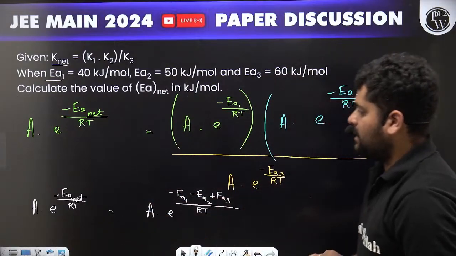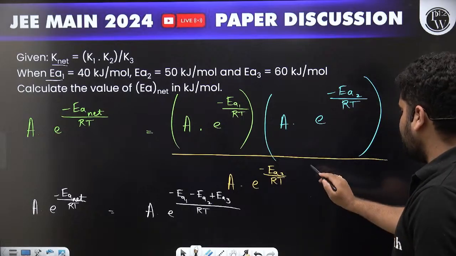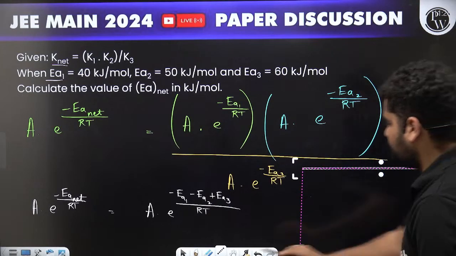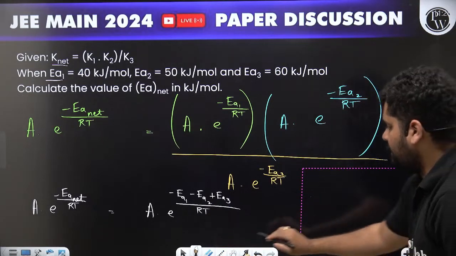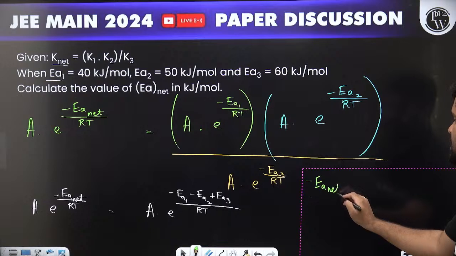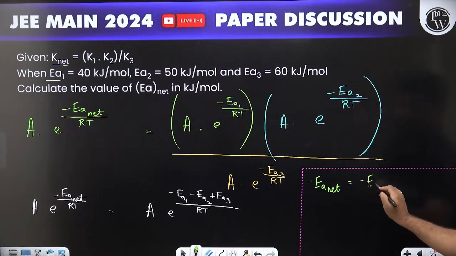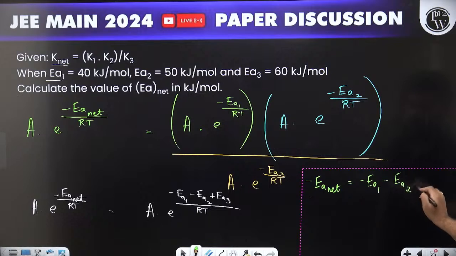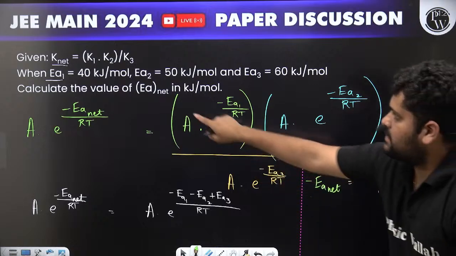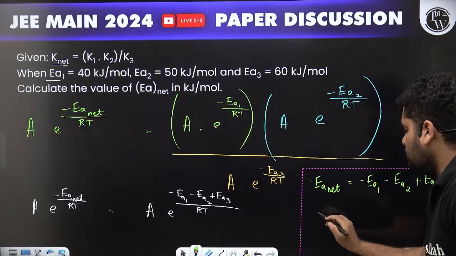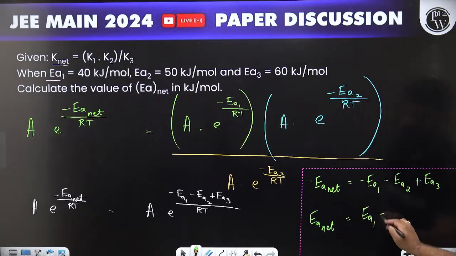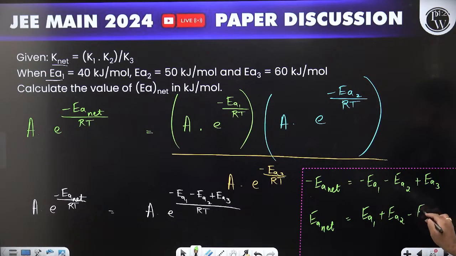With this particular thing, what inference can we draw? I'll just write the inference. See, we have minus EA net is equal to minus EA1 minus EA2 plus EA3. Okay, if it is plus EA net, the question is with respect to EA net, it's not minus EA net. So if it is plus EA net, then this is going to be EA1 plus EA2 minus EA3.